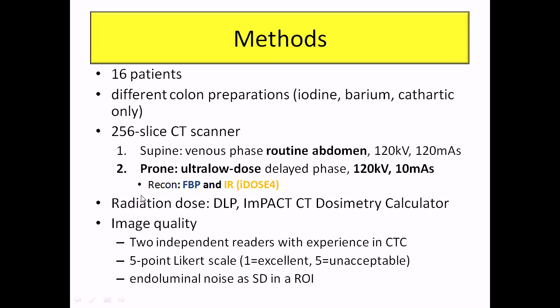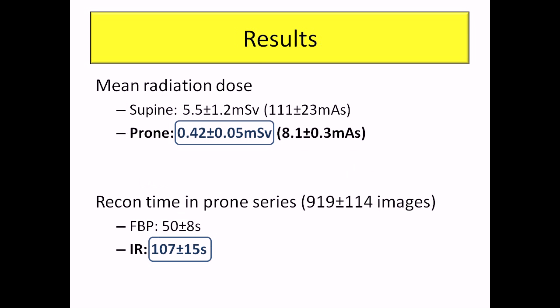We estimated the radiation dose and rated image quality on a 5-point Likert scale, where 1 was the best and 5 the worst. And we also measured endoluminal noise.